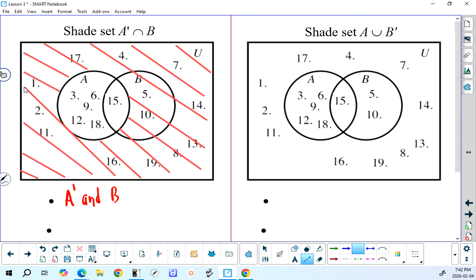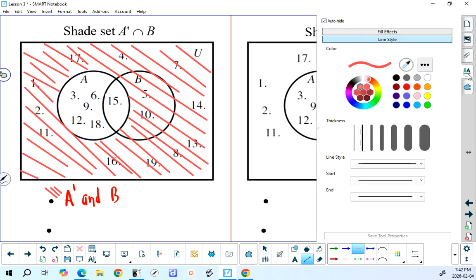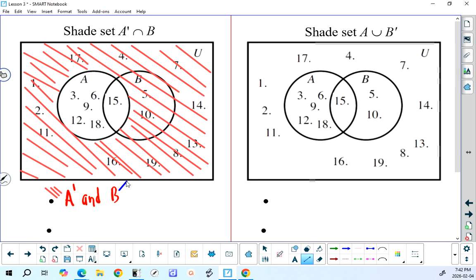This is not A. You can shade it in a bit more if you like. This is not A. And now I'm going to shade in B. So I've used these lines for not A, and I'll go blue lines for B, which is this.